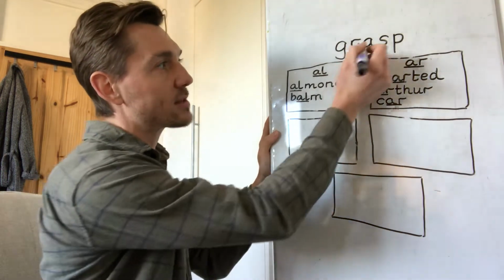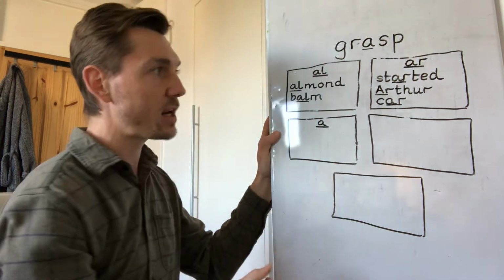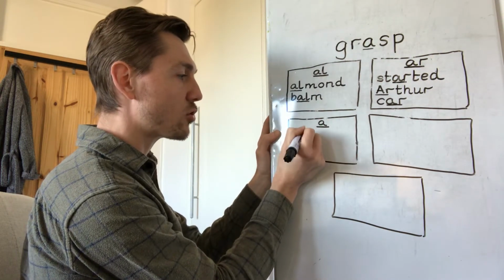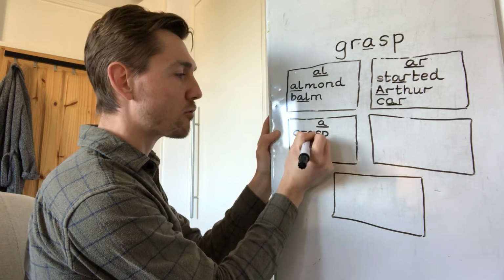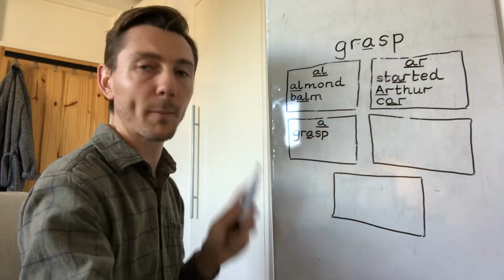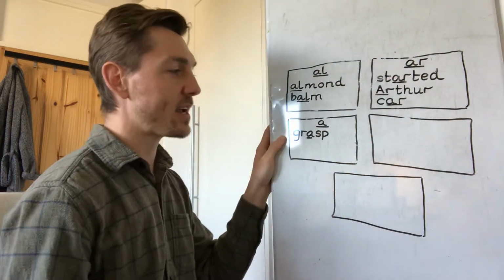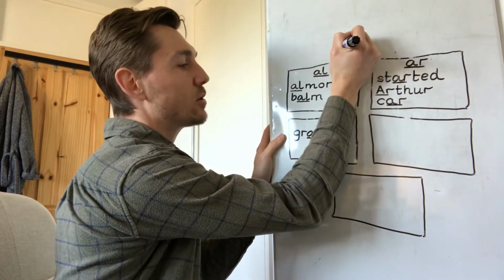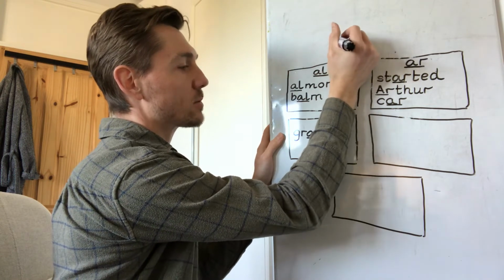We have the A on its own spelling of R in grasp, so there's section number 3. And we say the sounds and we write the word grasp. G, R, R, sp, R, R, sp, grasp. Okay, if you can say and spell the word grasp, then you can read and write this word as well.